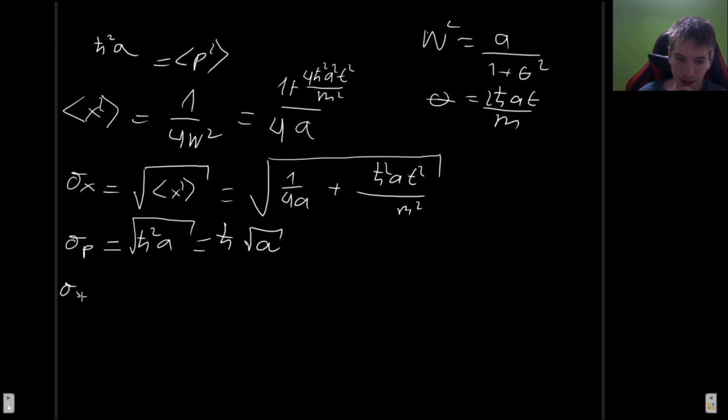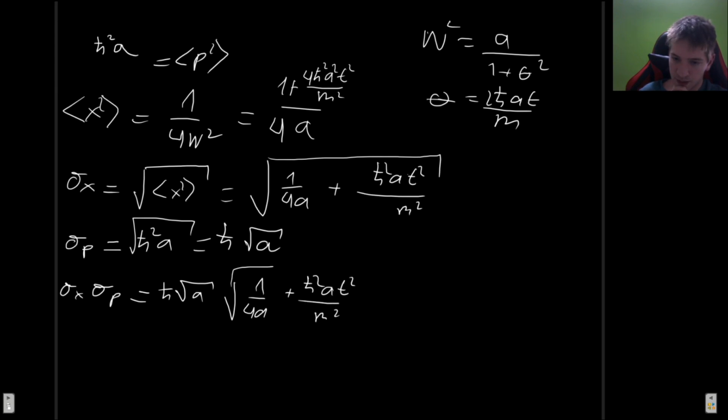So the uncertainty principle, now we want to check it. So in this case, sigma x times sigma p would be the product of these. We get h bar square root of a times the square root of 1 divided by 4a plus h bar squared a squared over m.